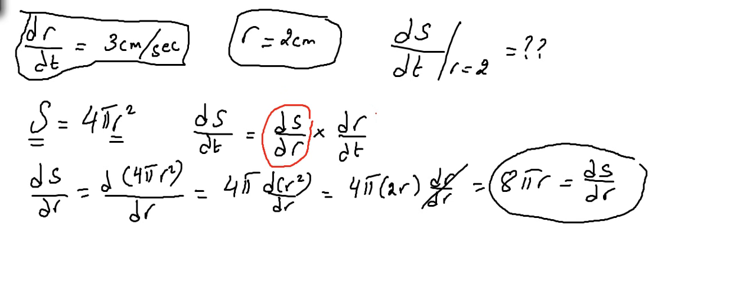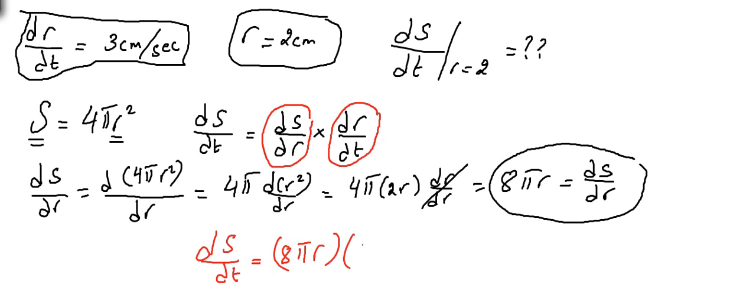We still have to find dr/dt, but we have it already. It's 3 centimeters per second. So directly I can substitute to get dS/dt. dS/dt is dS/dr, which is 8 pi r, multiplied by 3 centimeters per second. But we still have to know r, and it says we should do this at r equal to 2 centimeters.